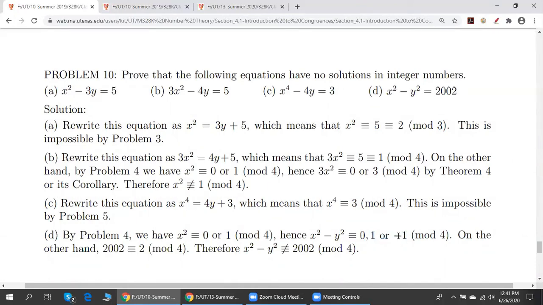But note that negative 1 is congruent to 3 modulo 4. So x squared minus y squared is congruent either to 0 or 1 or 3 modulo 4. But 2002 is congruent to 2 modulo 4. We got a contradiction.